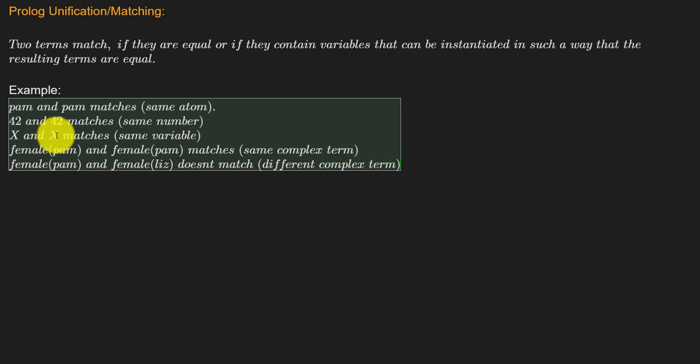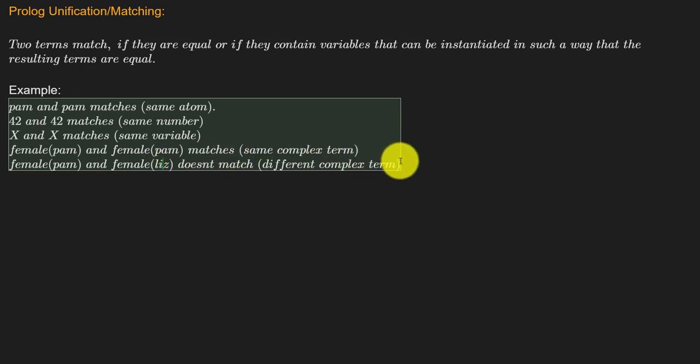Okay, so now we have to formally define why they are different. We will do that, because it's very easy to see here: the argument of this female functor is different, that's why we are calling it different. But we will be defining formally this complex term and other variables and other terms as well.